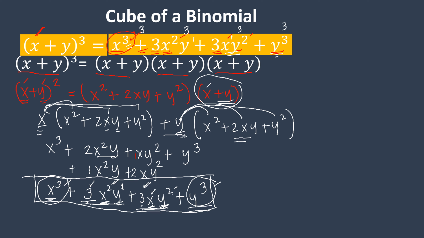So do not forget that in getting the powers, the first and last will be like this. As you please observe, the x here is 3, the x here in the second term is 2, and then the x here is 1.